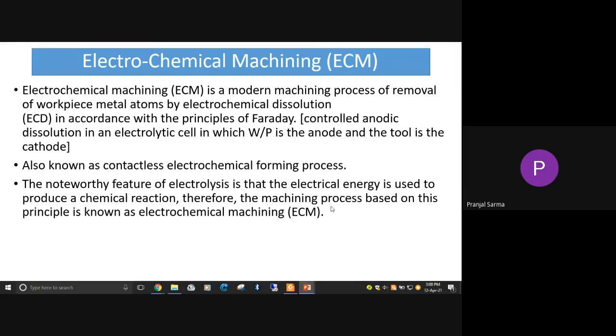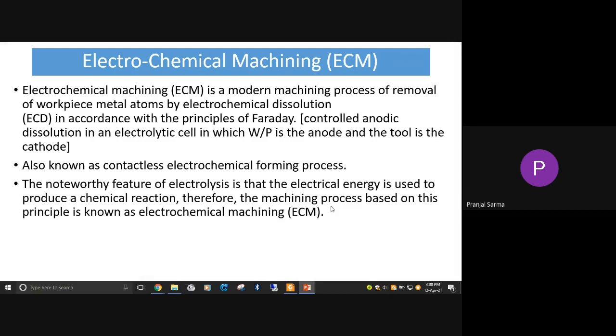So I believe up to this point there is no problem. Today we are going to discuss the electrochemical machining process. Before that, it is a machining process, and definitely a modern machining process, involving removal of workpiece material. Generally atom by atom removal of the workpiece material happens through electrochemical dissolution action.